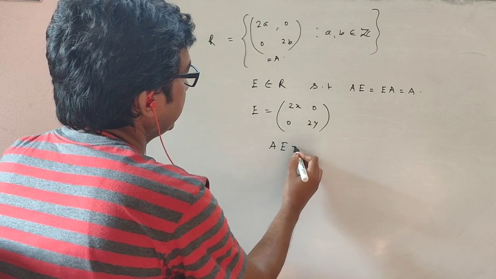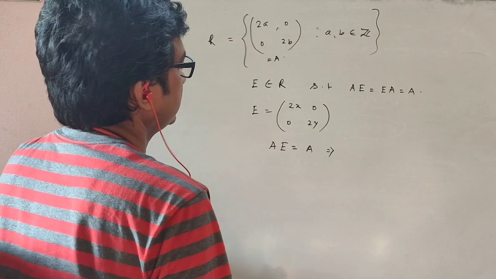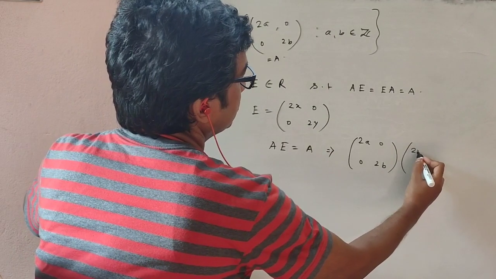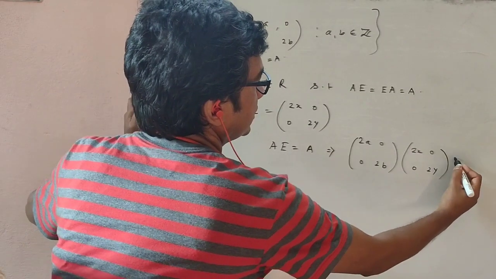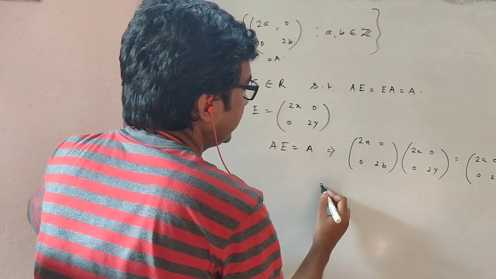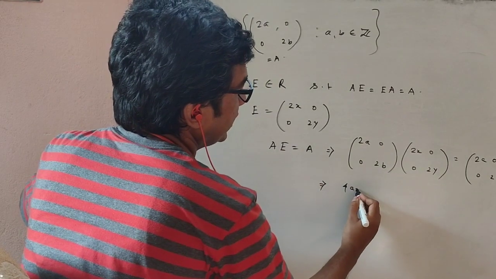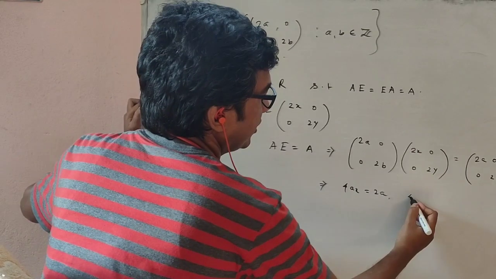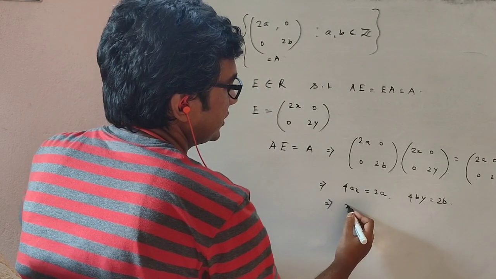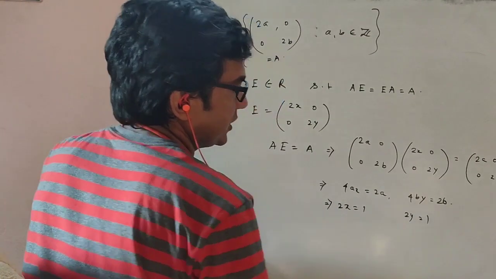Now AE equal to A implies multiplying them, corresponding elements give 4ax equal to 2a and 4by equal to 2b, which implies 2x equal to 1 and 2y equal to 1.